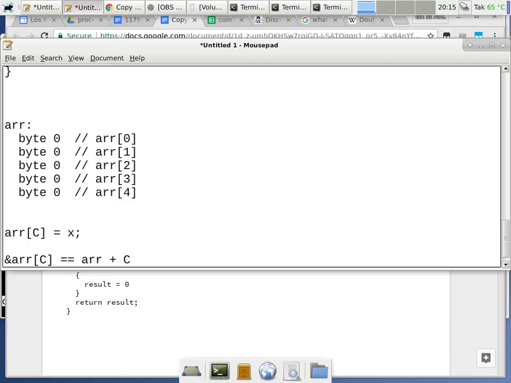It's ARR plus C. Okay, because ARR as a label is the address of byte 0. So ARR bracket 0 is no different from just ARR itself when we are talking about the address. Okay? So when you want to do something like this, how do we do it?